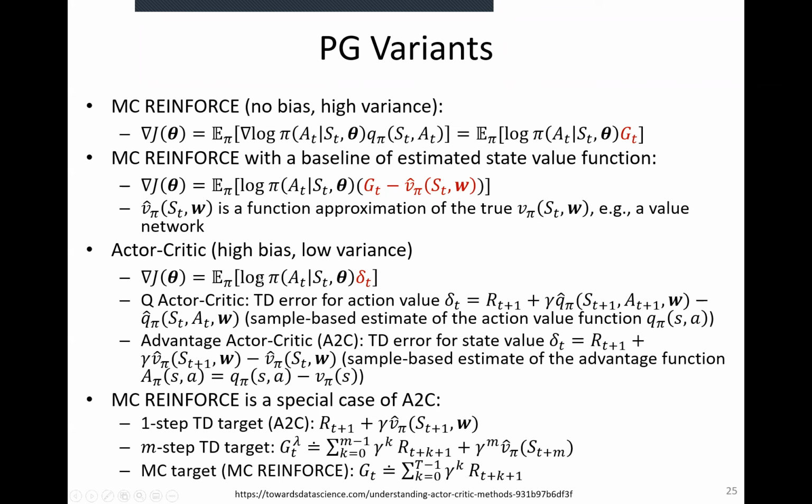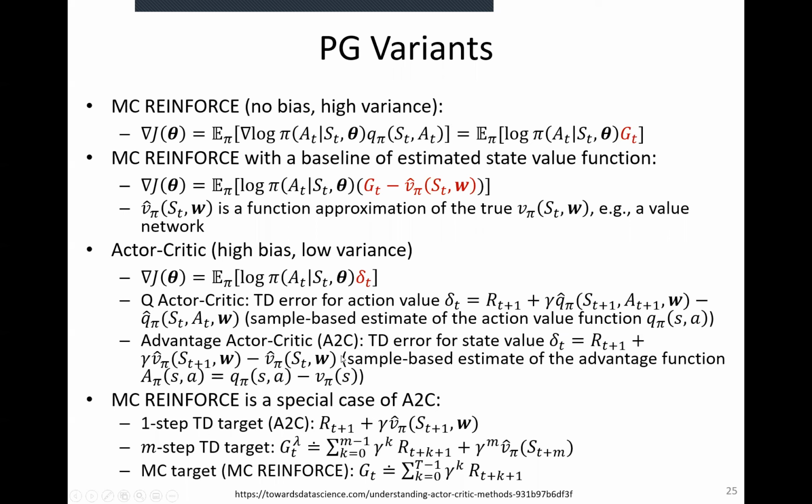For the Actor-Critic method, you use this delta t term. There are two versions of Actor-Critic. One is Q Actor-Critic, where this is the expression. This is the sample-based estimate of the action value function Q pi.